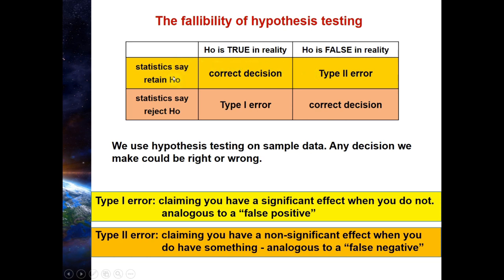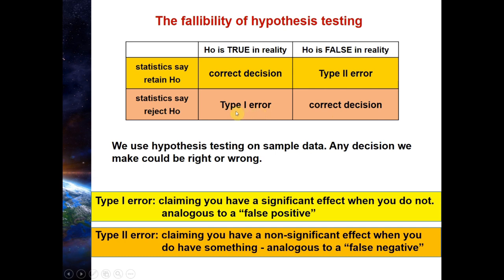But once we do what our stats tell us to do, like for example, if our stats say to retain H0, then we narrow it down to just 2 possibilities. Either we've made a correct decision or a type 2 error. If we reject H0, because that's what our stats are telling us to do, then we have narrowed down the 2 possibilities to either a type 1 error or a correct decision.